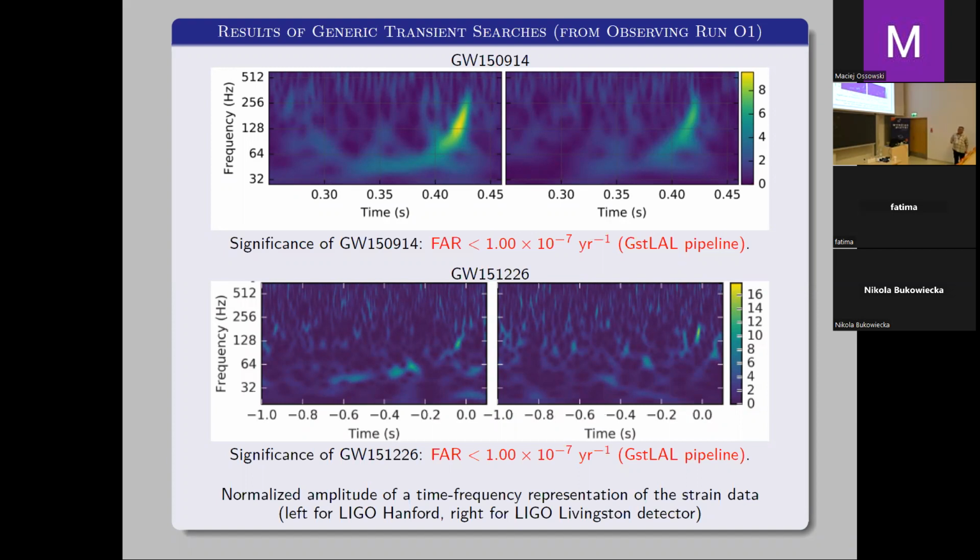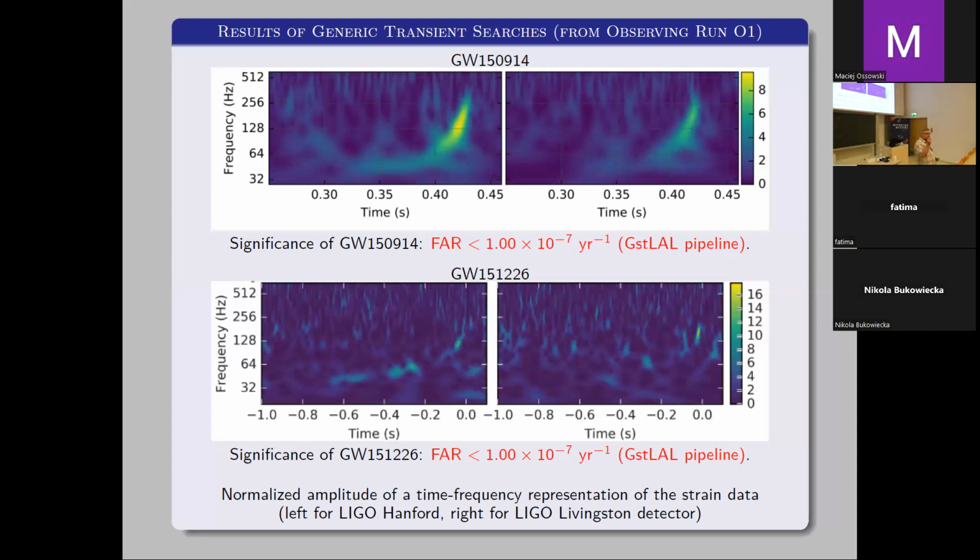Yes, but if you use the matched filtering search, exactly these numbers are related to the pipeline called GstLAL pipeline. Please look at the false alarm rates. For this event, it is smaller than 1 event per 10 million years. This inequality sign means that it could be possible even to make more simulations to improve this number. But you agree that one false event per 10 million years is not bad.